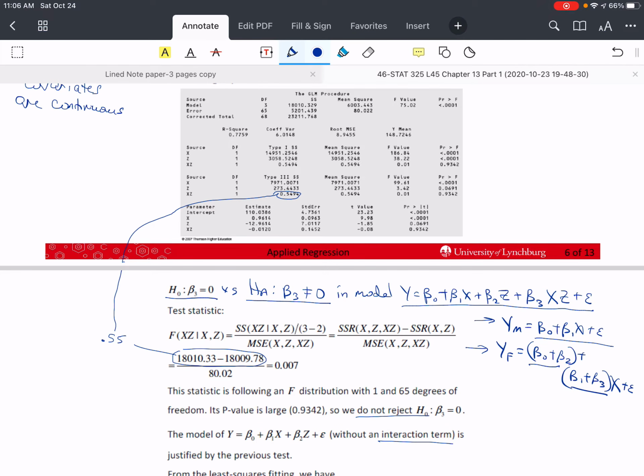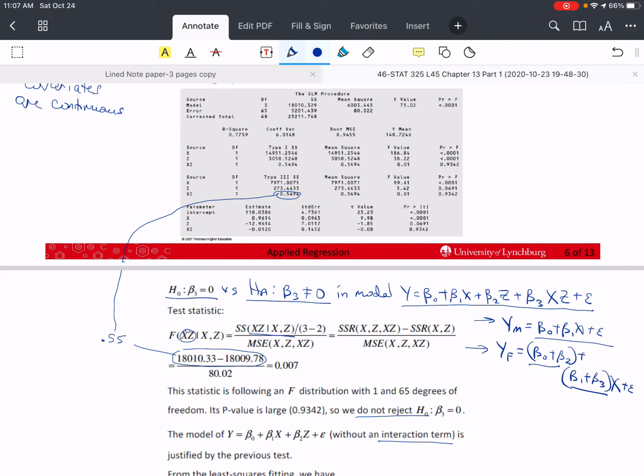So our test statistic, if you remember, was a partial F test, testing whether xz is significant in the model or not. And so we are going to look at xz given x individually and z individually.